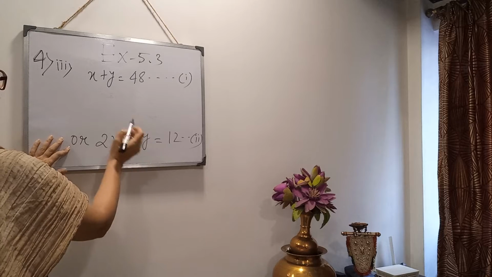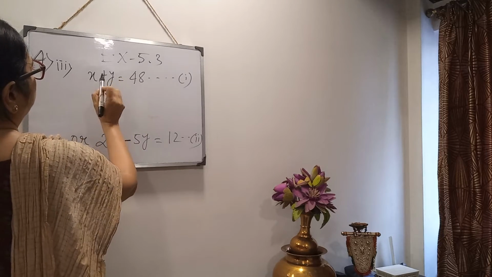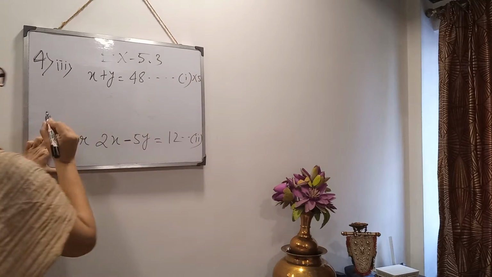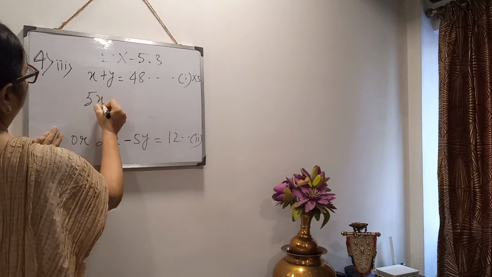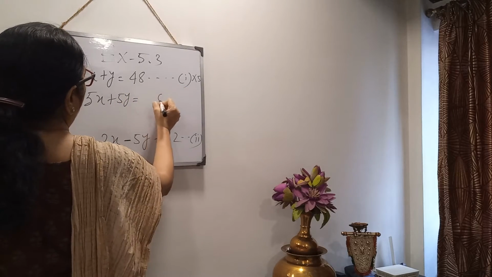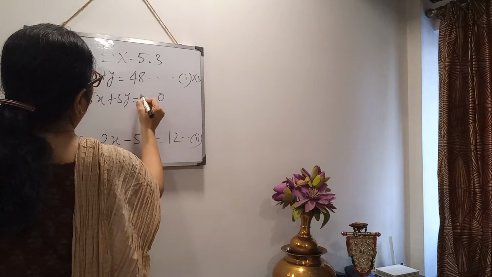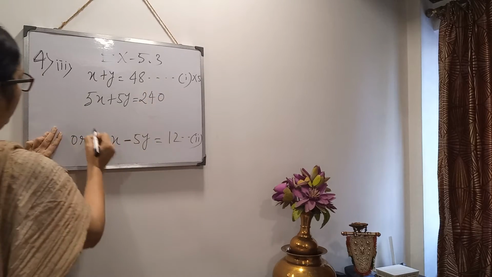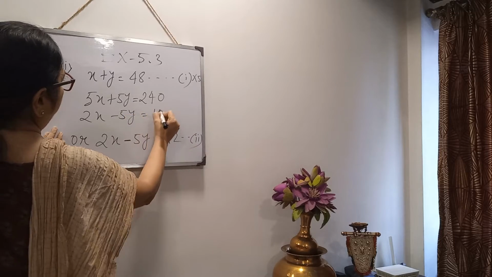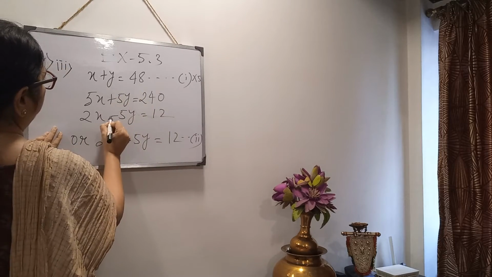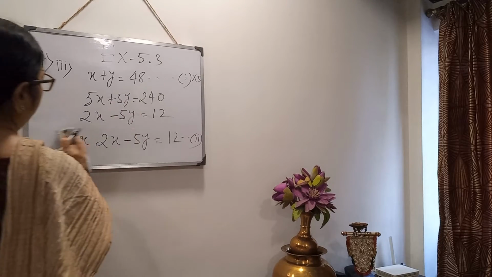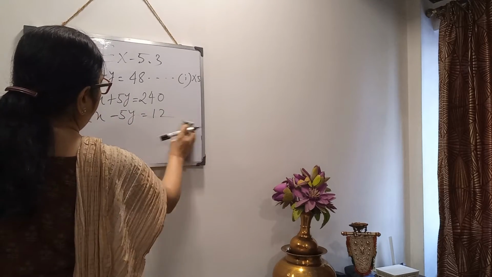So there is 5y, so I have to make it 5. So throughout equation 1 I have to multiply by 5. Clear? So it is becoming 5x plus 5y equals 240. Now this 2x, I am writing again here, equals 12. Now you have noticed 5y and minus 5y. If I add, then the y related term will be eliminated.